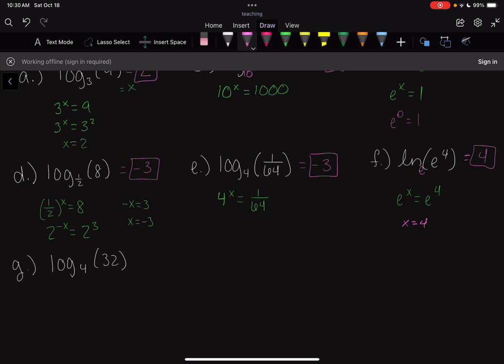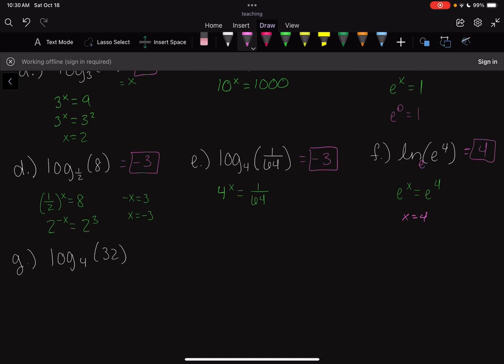Now my last one is a little bit trickier. I'm being asked, what exponent do I put on 4 so that it equals 32? The issue is that there is no power, a whole number at least, that you could use to get to 32. However, these do have the same base.